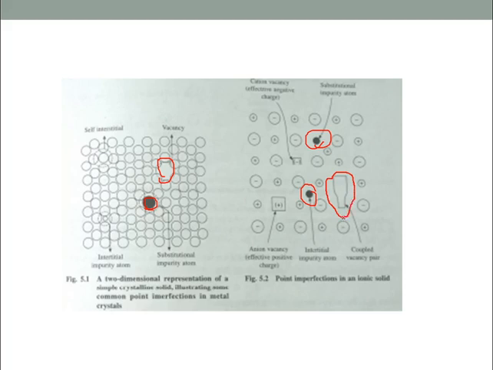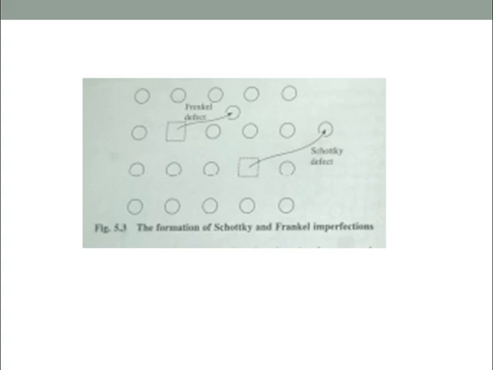This is to maintain the electrical neutrality of the crystal. Whenever there is an anion vacancy, there must be a cation vacancy also. This is the interstitial atom, this is the impurity atom, and here this is the vacancy. This is the formation of Schottky defects and Frenkel imperfections.